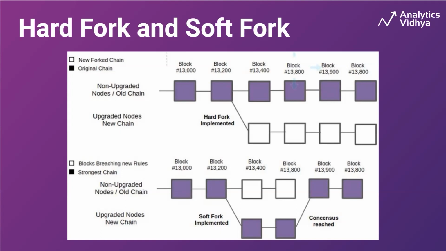In soft forking, like Windows giving updates every 10 or 15 days, you receive new updates and new features become available in Windows 11. So there are small changes, small features you have to update in the blockchain, and a soft fork implementation happens in the blockchain itself.